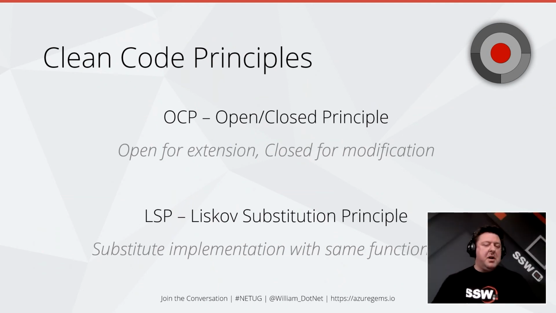I'll show you how to do that with Azure Functions. Same with Liskov substitution: we want to substitute an implementation with the same functionality. So when the base application is, for instance, to resize images, then the one I replace it with should still resize images and not send emails. It's a silly thing to do, but hey, I'm sure stranger things have happened.